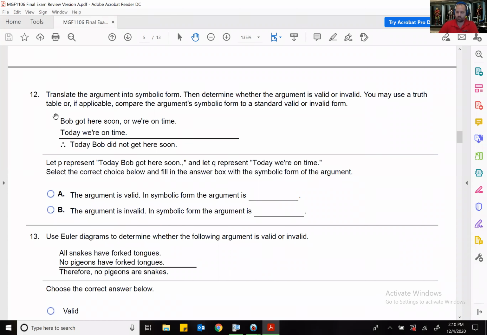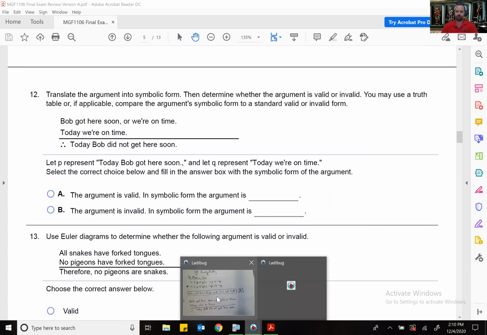Therefore, today, Bob did not get here soon. Okay, so, got it written down.